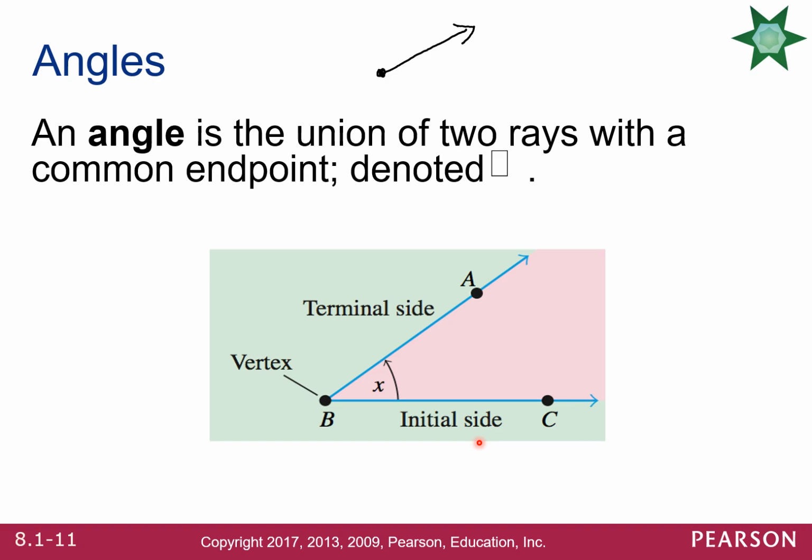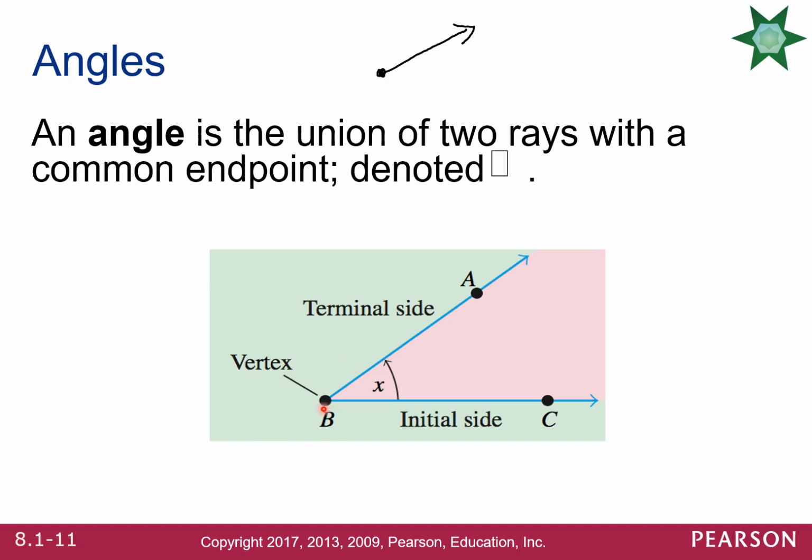So we have the initial side, which is usually horizontal, all right? It's a horizontal line. And then the other line meets, like the line BA meets with BC at an angle, and that angle is represented as X. All right, the line that meets at an angle is considered to be the terminal side, and that point of meeting is called the vertex.